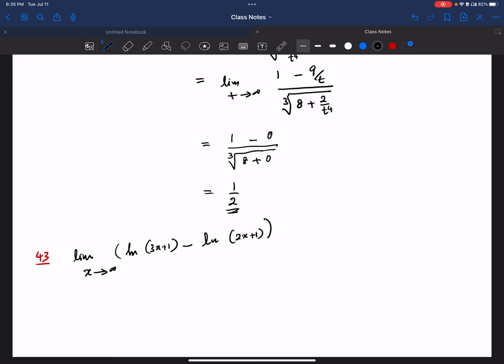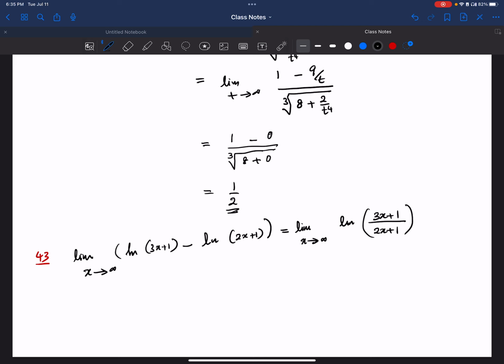We have learned before in pre-calculus about log laws. We're going to use log laws here. When you have a log subtraction, you can write it as a log of division, like this.